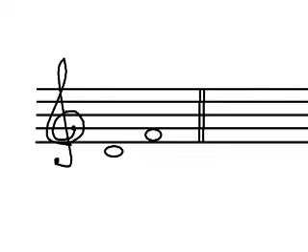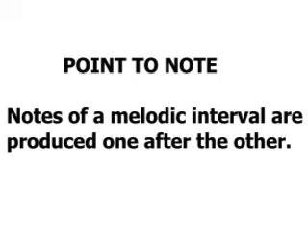I'm not playing them at the same time. So if you try to get the interval between two notes that are produced one after the other, it's called a melodic interval. They are played one after the other. What's the interval between them? The interval you arrive at will be called a melodic interval.